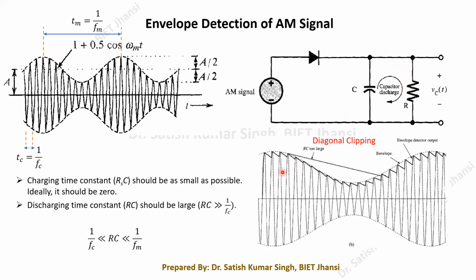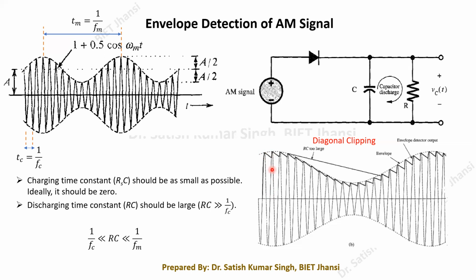Again, when this particular cycle is repeating, it goes down, its magnitude becomes negative, and then it comes back and increases again. In this picture we have shown that the capacitor has discharged up to a certain value.